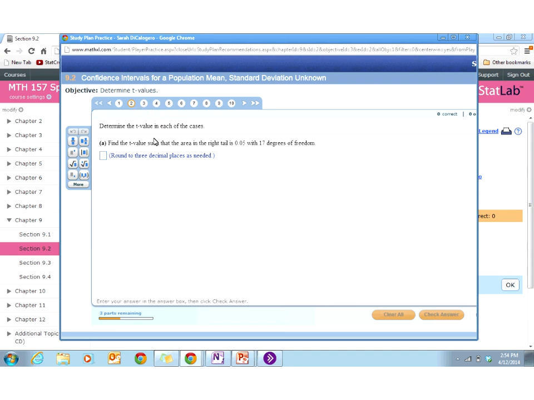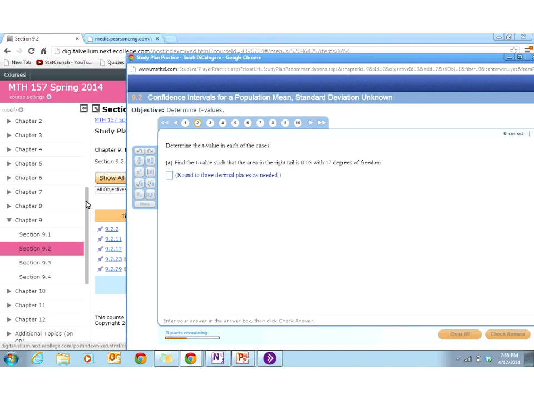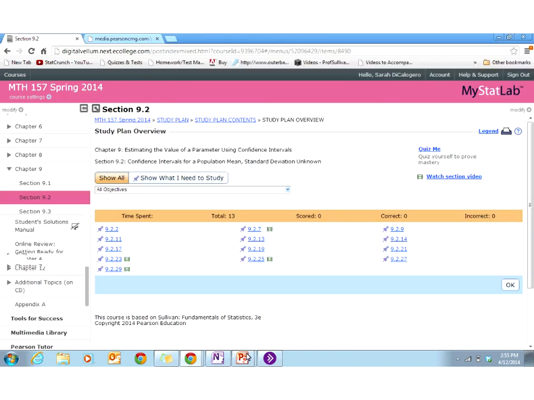All right, find the t-value such that the area in the right tail is 0.05 with 17 degrees of freedom. So they don't have StatCrunch up here for us, do they?